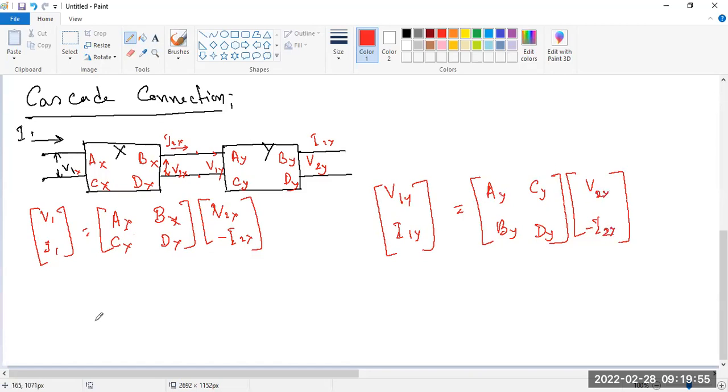So for the port 2 test, V2X equal to V1Y, V2X equal to V2Y, and I2X equal to minus of I1Y.